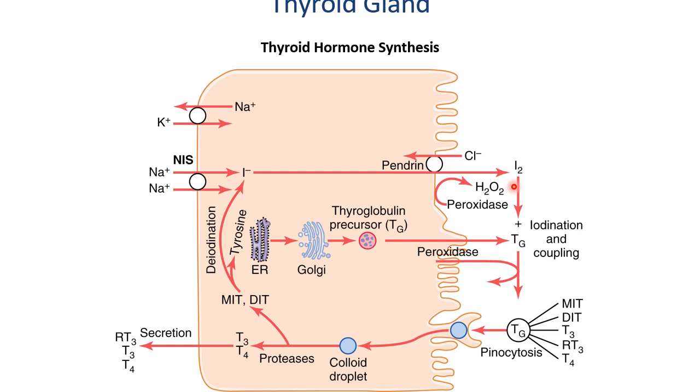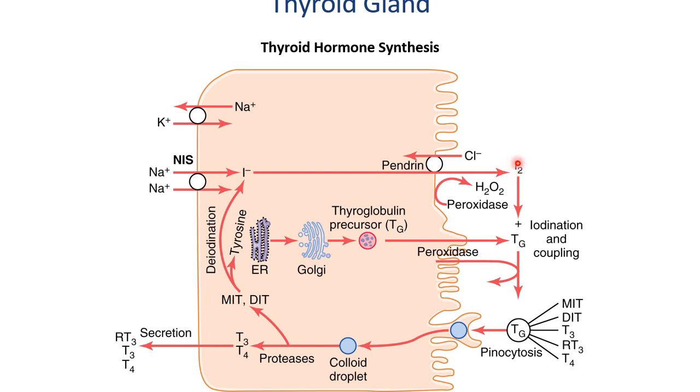That reaction is catalyzed by the enzyme thyroid peroxidase. Okay? And by performing that reaction, a molecule of hydrogen peroxide will be formed. But because the electron has been lost by the iodine atom, it now becomes highly reactive. So your elemental iodine is highly reactive.